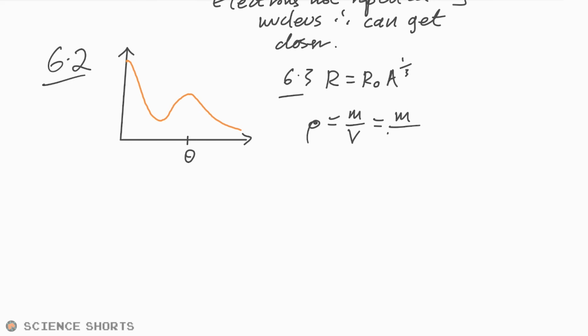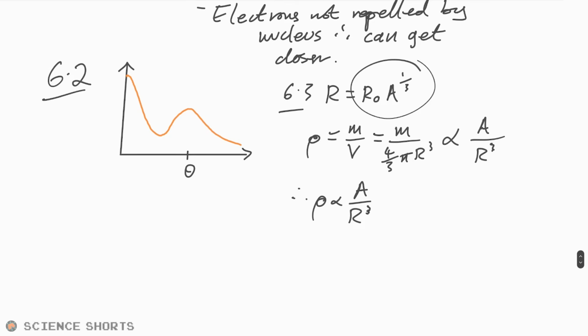Whoops, forgot the equation there for a sec. Pi r cubed. Well, that's proportional to the number of nucleons, because the mass is proportional to the number of nucleons, divided by r cubed. So let's write that down again: density is proportional to A over r cubed. And so we put that in instead of r.